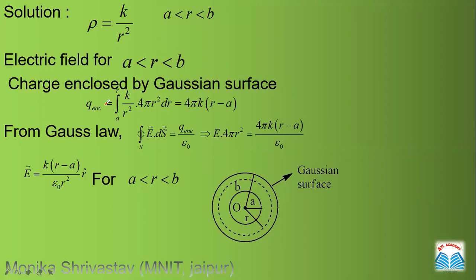What is the charge enclosed by the Gaussian surface? That is Q enclosed equals, if we have volume charge density, then rho into volume. So rho is k upon r square and the volume element for this sphere is 4 pi r square dr. So we can have 4 pi k (r minus a). We will put this Q in this formula, and we are getting the value for a less than r less than b, which is that.